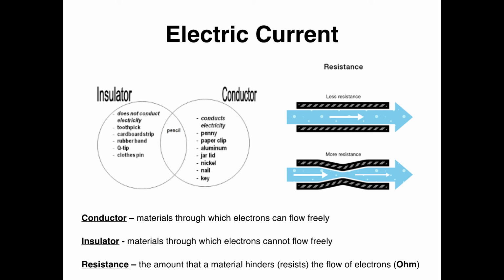We have the volt, which is the potential difference that drives the movement of electrons. We have the amp, which is the flow of electrons or the amount of electrons per unit of time that moves through a material. And then the third unit is an ohm, which measures how much a material resists the flow of electrons.